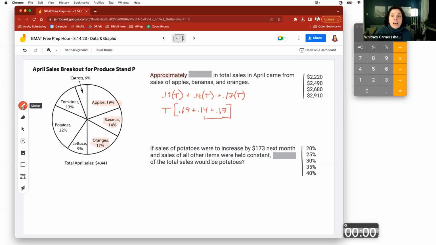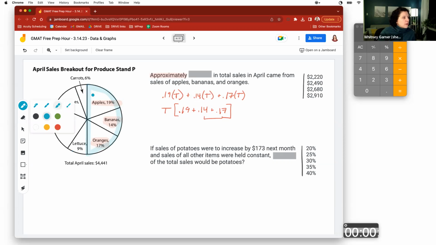But I saw an awesome suggestion in the chat window. If we look at these three together, pie charts are always drawn to scale. And it looks like this is a straight line.